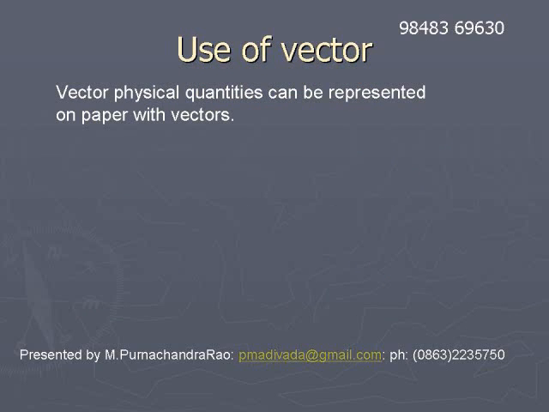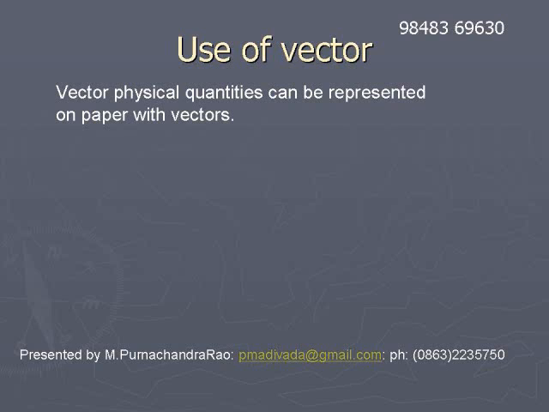What is the use of a vector? How is it useful for us? We know there are several physical quantities which we have already learned. Among them, some of the physical quantities are termed vector physical quantities because they have both magnitude and direction.